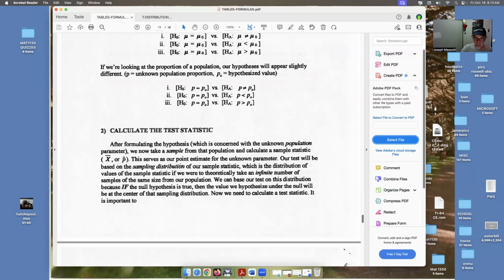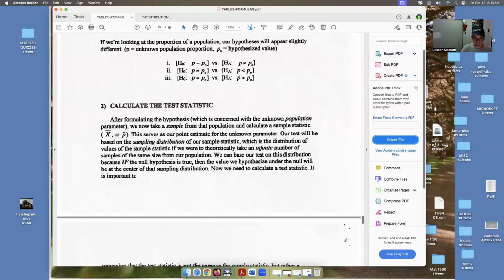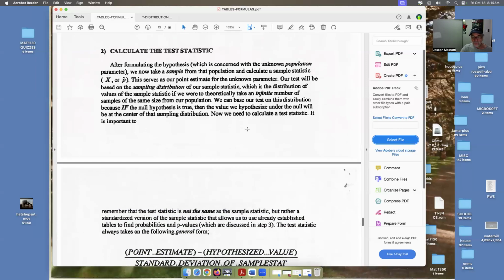All right, so our test will be based on the sampling distribution of the sample statistic, again, which is the distribution of the sample statistic if we were to theoretically take an infinite number of samples of that same size from the population. And we're going to base our test on the distribution, because if the null hypothesis is true, then the value we hypothesize under the null will be at the center of that sampling distribution.